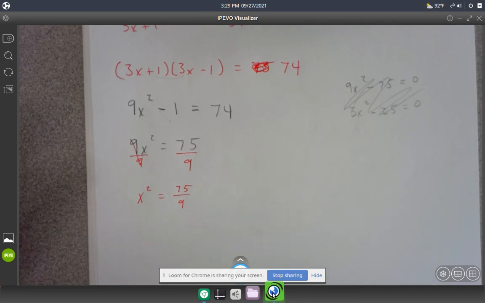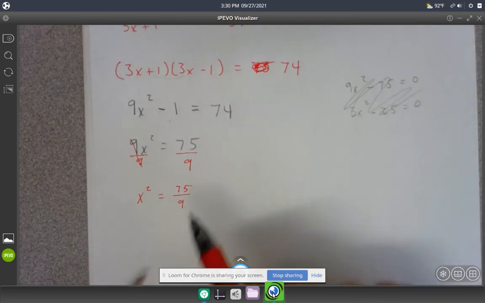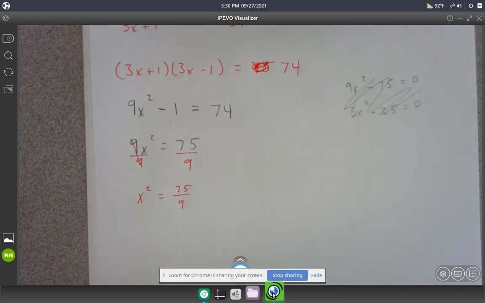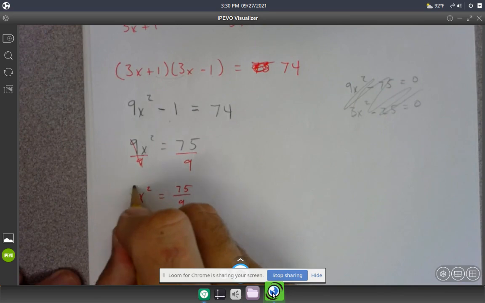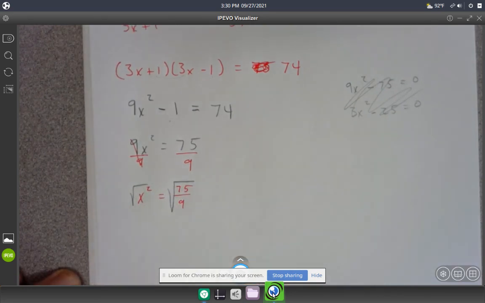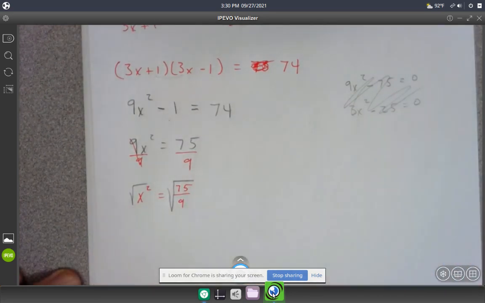Now, the reason why I'm not going to simplify by 3, once you get more experience with this, you'll know when you should and shouldn't. But the reason I'm not going to simplify by 3 is because I know that 9's a perfect square. So whenever I take the square root of both sides right here, this becomes square root of 75 and square root of 9.